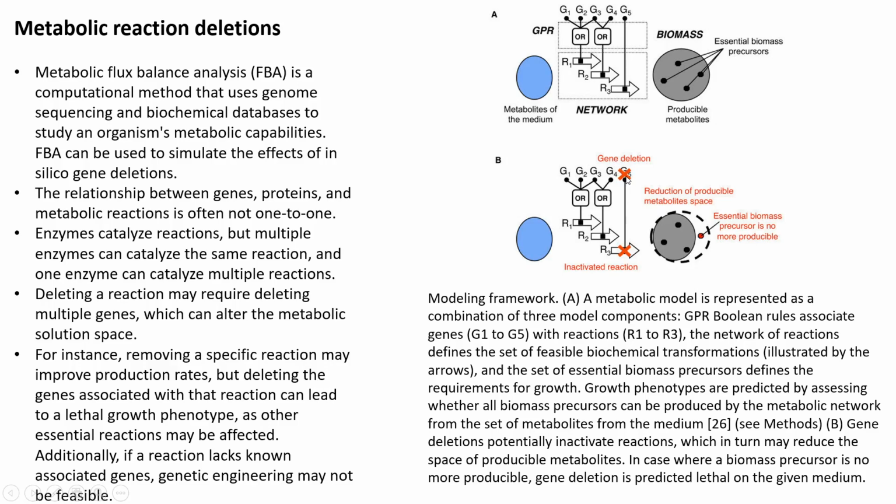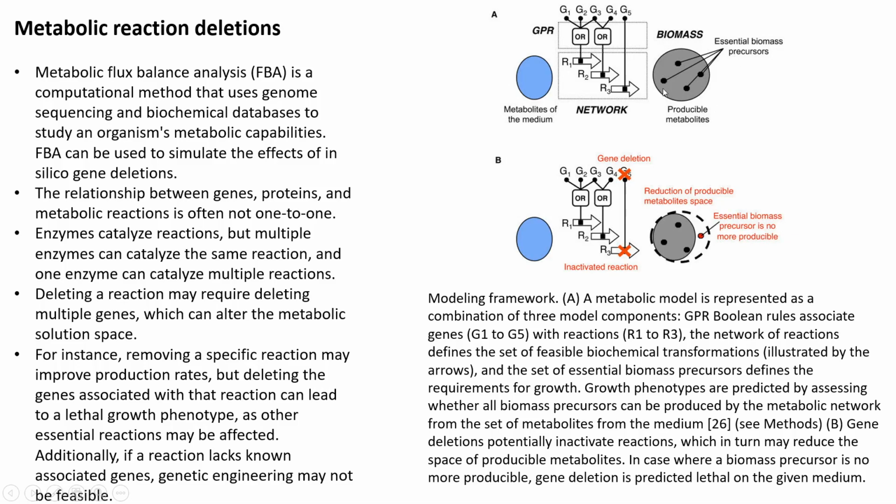If you delete this gene, G5, which is essential for this R3 reaction, the reaction is inactivated, which in turn reduces the producible metabolite space. So this space is further reduced, and there's one precursor that is no more producible.